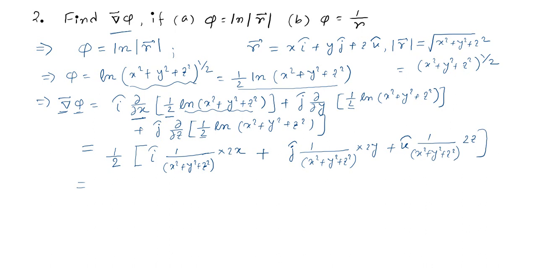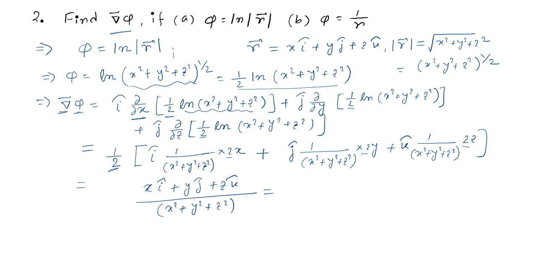If I take 2 common, all the 2s cancel. The terms remaining are x I cap plus y j cap plus z k cap, and the denominator will be x square plus y square plus z square, right?